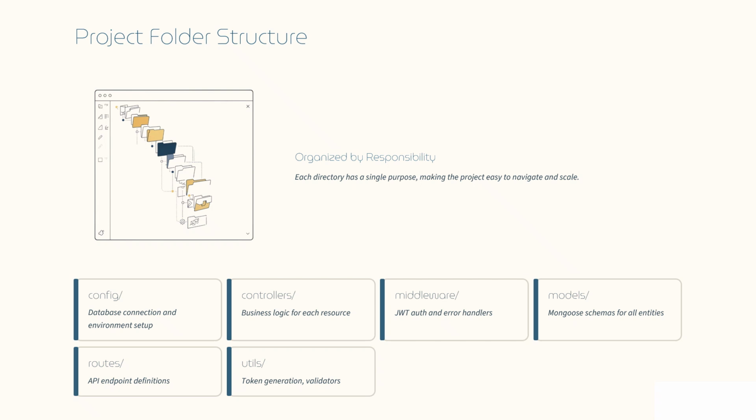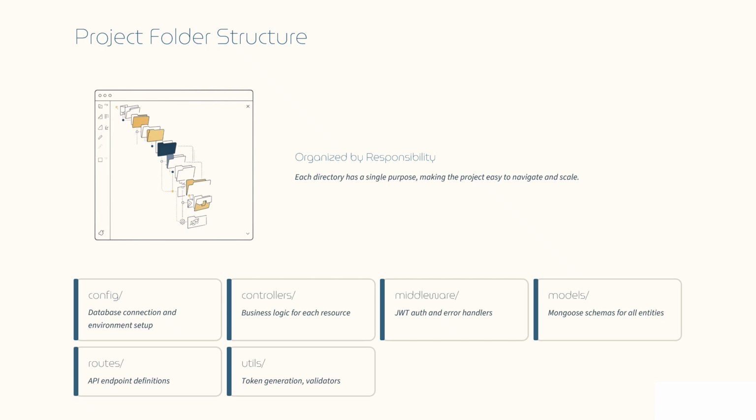Project folder structure. The project follows a clean and modular folder structure. The configuration folder contains database configuration and environment setup. Controllers contain business logic. Middleware handles authentication and error management.